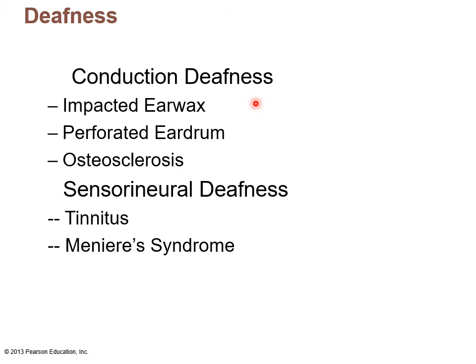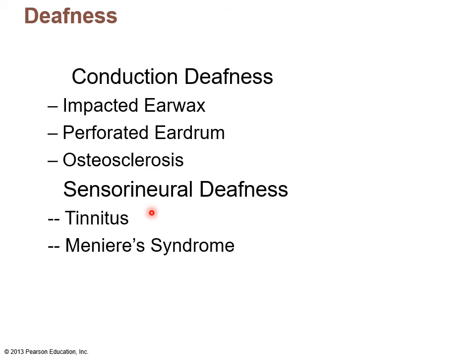Sometimes that happens as people age. Some people are prone to having problems with producing a lot of earwax. Perforation of the eardrum: you can't get the eardrum to vibrate if it's inflamed or damaged. And then otosclerosis is a hardening of the ossicles, where they don't actually move.